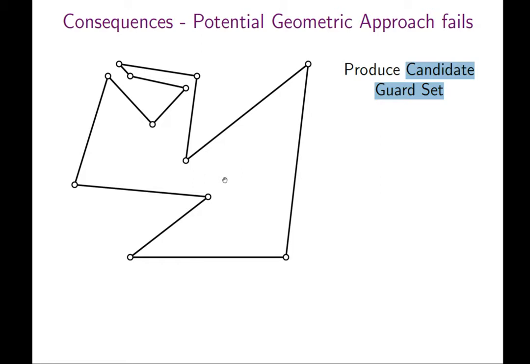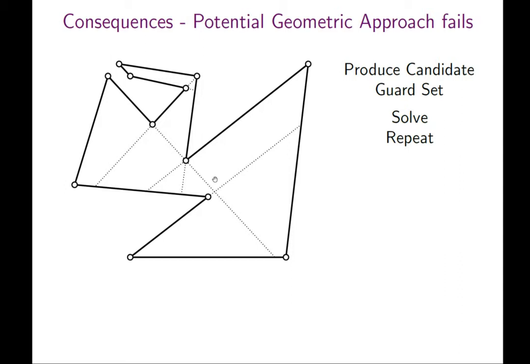We just restrict ourselves to some guard set. And they may take the vertices of the polygon, for instance. And then they solve the Art Gallery problem using only those guards. Then you can use brute force or integer programming as you like, and then you try to find a solution.